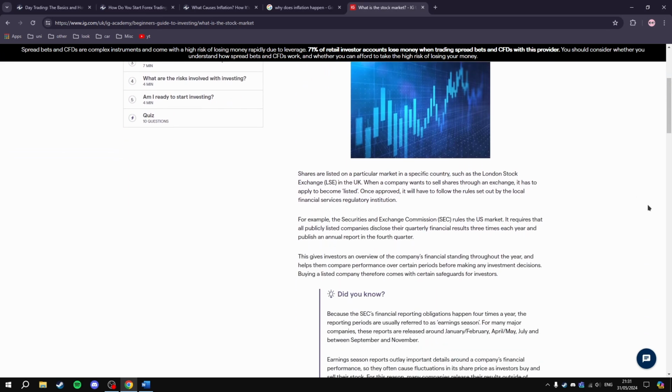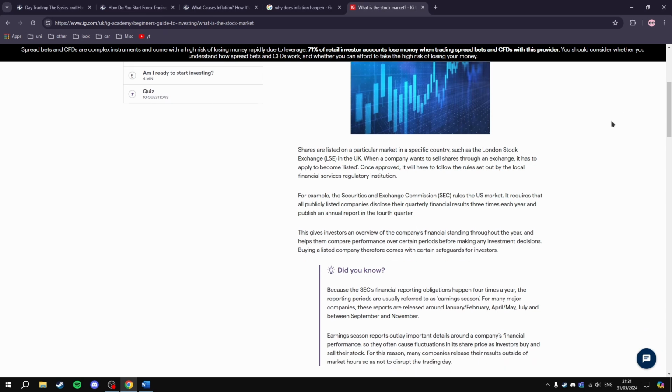So the shares are listed on a particular market in a specific country, such as the London Stock Exchange in the UK. And then when a company wants to sell the shares through an exchange, it has to apply to become listed. And then once it's been approved, it has to follow the rules set out by the local financial services regulatory institution.